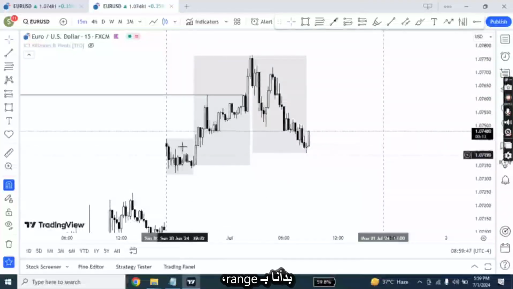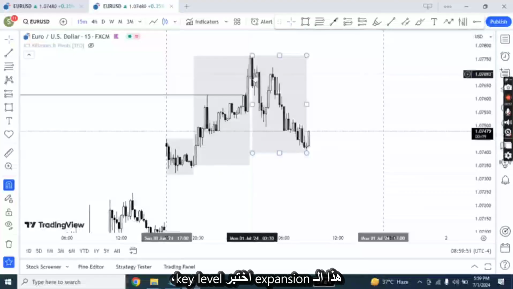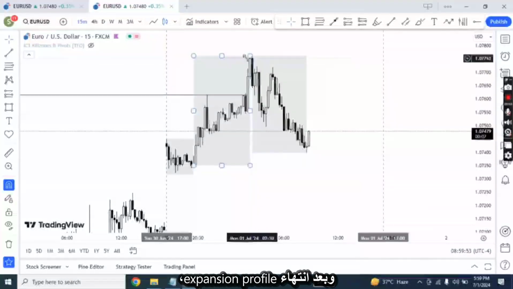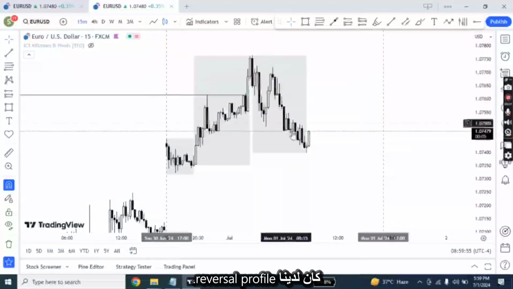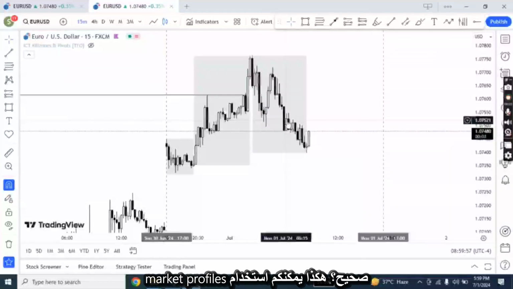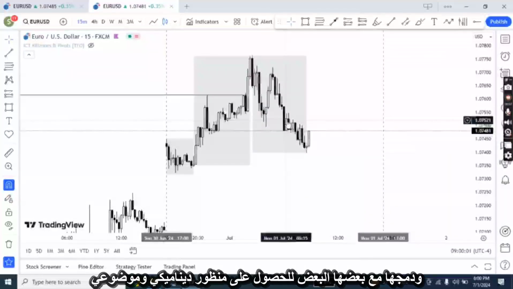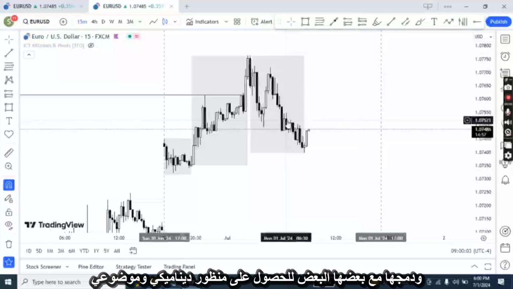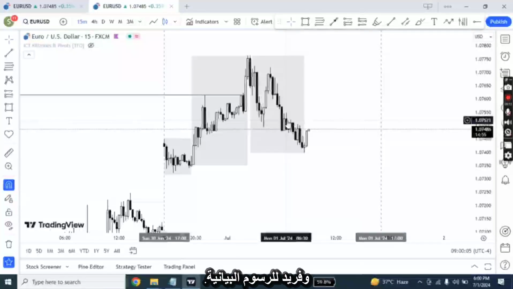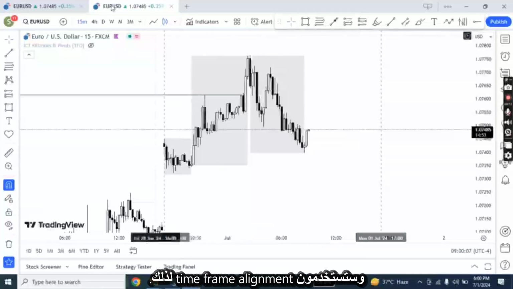We started with the range, then an expansion, then this expansion tested a key level, and after that expansion profile ended, we had a reversal profile, right? This is how you could use market profiles and key levels and integrate them with each other to have a dynamic, objective, and unique perspective of the charts. And you're going to be using time frame alignment for that.